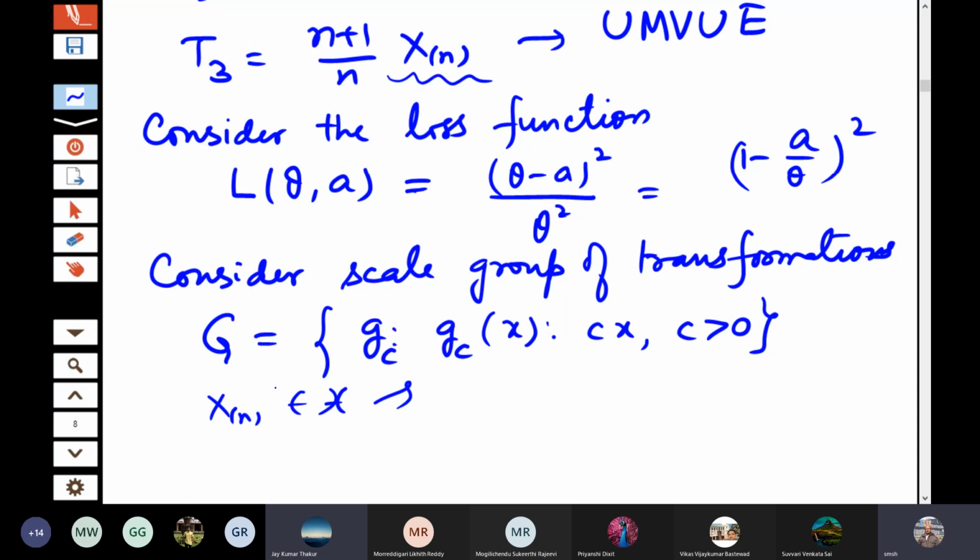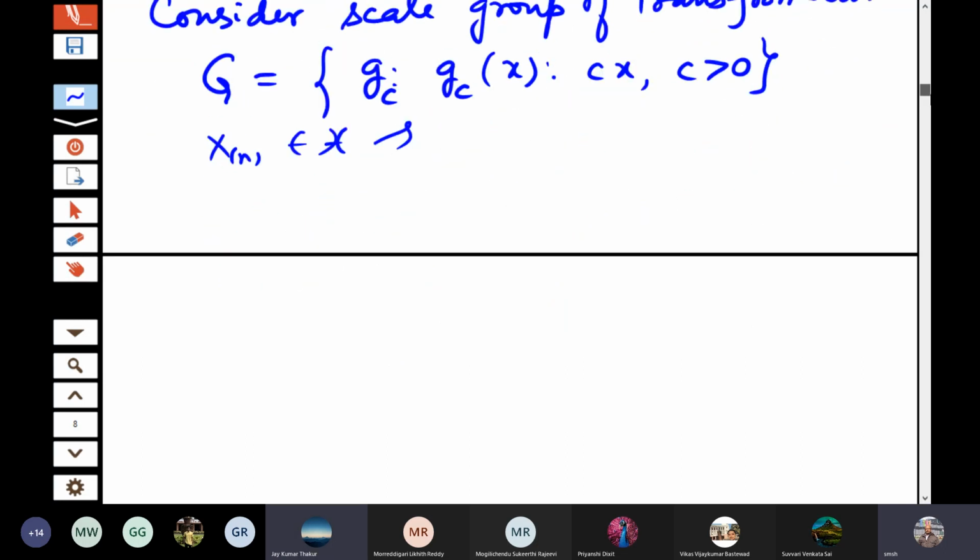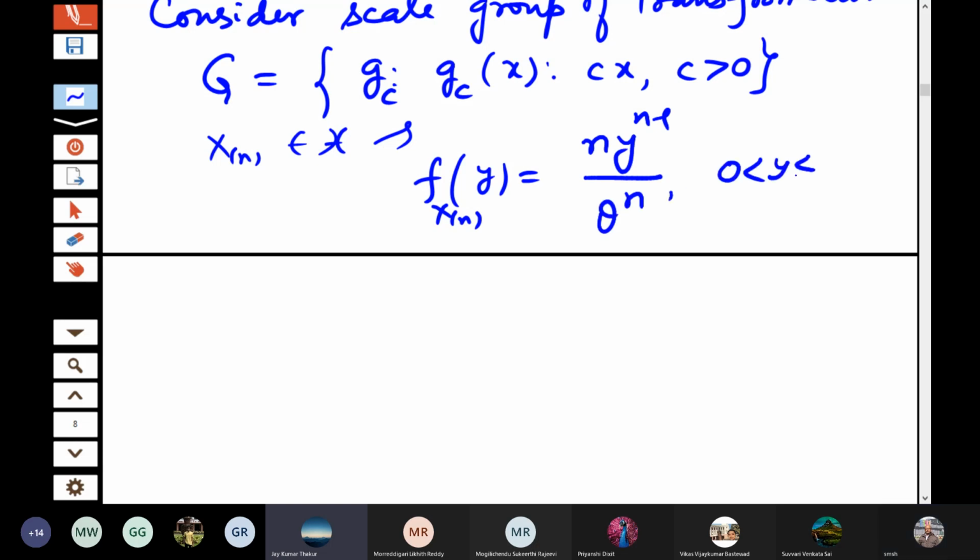And what is the distribution of Xn? Anybody knows that? We have used it earlier. It is n y to the power n minus 1 divided by theta to the power n. Let us look at the effect of this. What is the distribution of, say, c times Xn? Suppose I call it u.